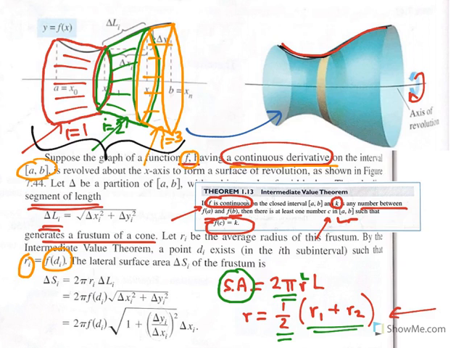Like, for example, if you take the average height of someone who's 5 feet tall and someone else who's 6 feet tall, the average height for these two people will be 5 feet 6 inches, which is, of course, between 5 feet and 6 feet.